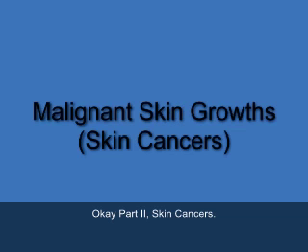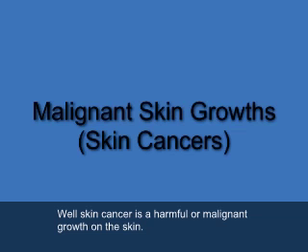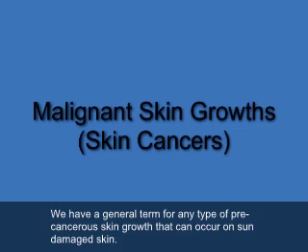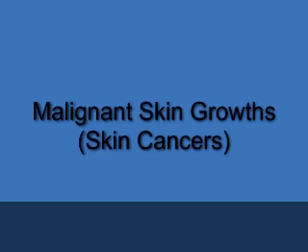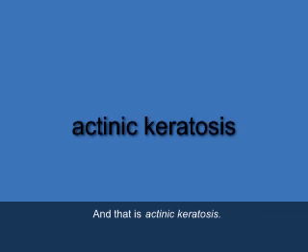Okay, part 2, skin cancers. Well, skin cancer is a harmful or malignant growth on the skin. We have a general term for any type of precancerous skin growth that can occur on sun-damaged skin, and that is actinic keratosis.